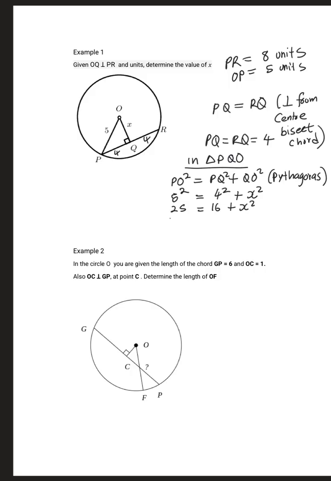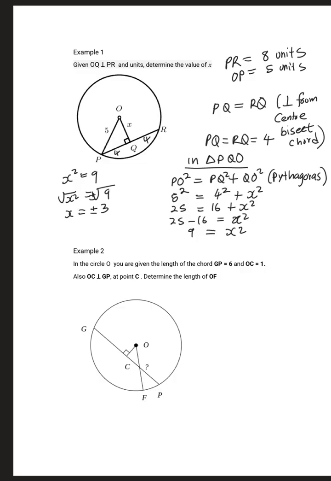And then 25 minus 16 is equal to x squared. 25 minus 16 is 9, so x squared is equal to 9. Then we take the square root of both sides, and we have x equals plus or minus 3, but we take only the positive part because we are dealing with length.